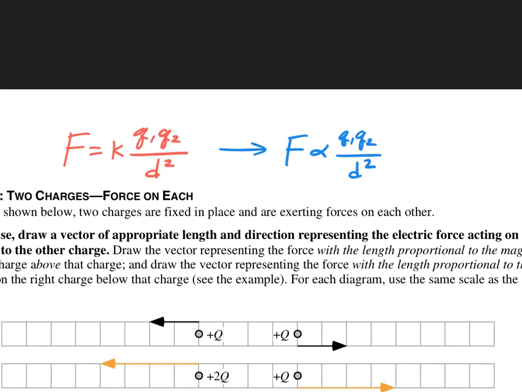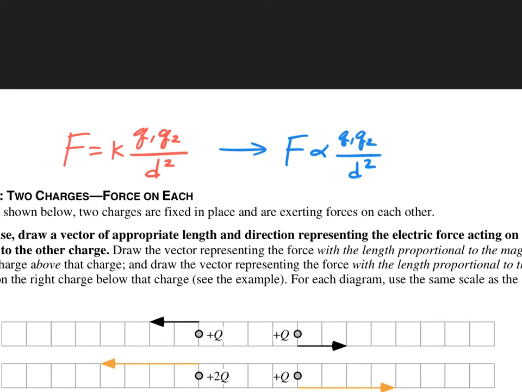And so the distance didn't change, but now the force interaction is twice as big because I have 2q squared instead of q squared. Hence the arrow, instead of being 2 blocks wide, is 4 blocks wide, because 4 is the double of 2. All right? So we're sort of establishing the way we reason through these.